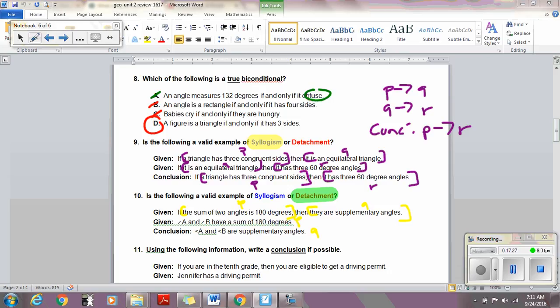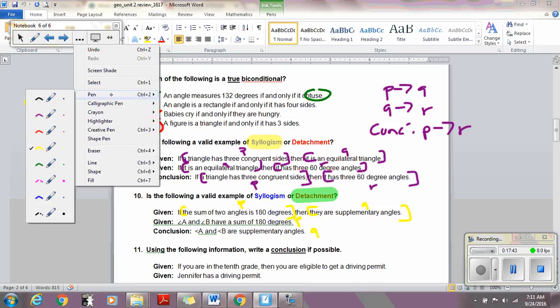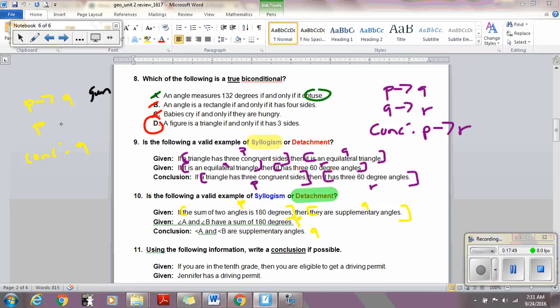And then detachment follows the pattern P, then Q, P, and then the conclusion will be Q. When you see detachment, also the first statement will always be very general or broad. And then the second statement will be more specific. But when it's specific, it has to tie back to the hypothesis or to P in order for it to be law of detachment.